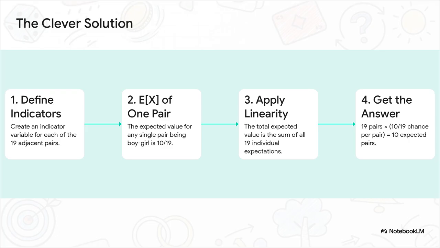The chance that it's a boy-girl pair turns out to be 10 out of 19. That's our expected value for that one spot. Since there are 19 of these adjacent spots in the line, we just multiply that expectation by 19. The complexity just cancels itself out, and we're left with a clean answer, an expected value of 10 pairs. That is the superpower right there.